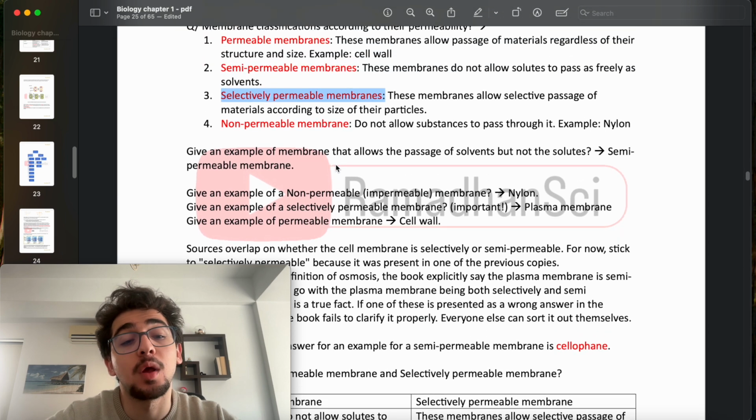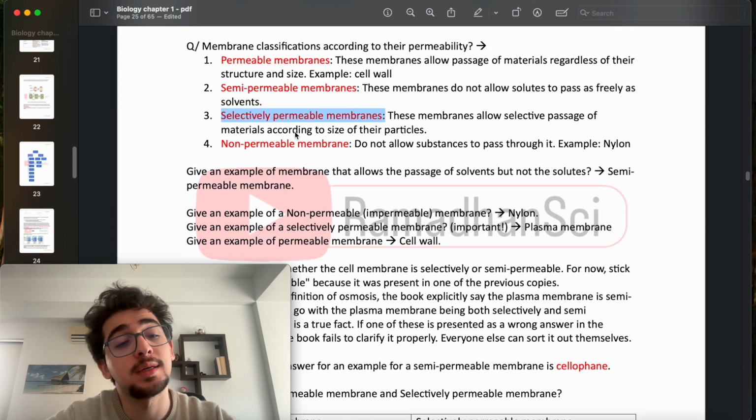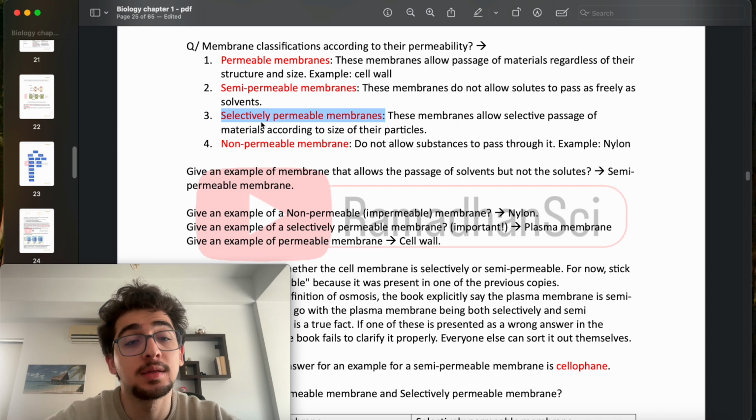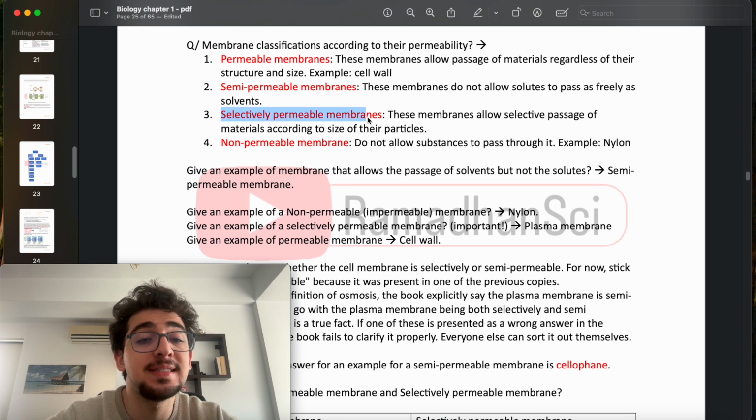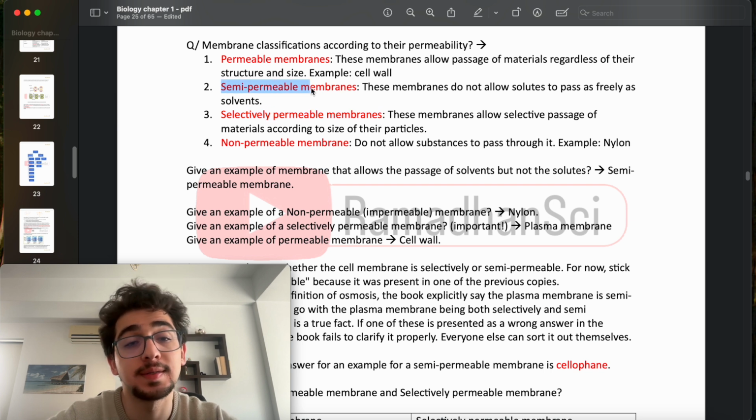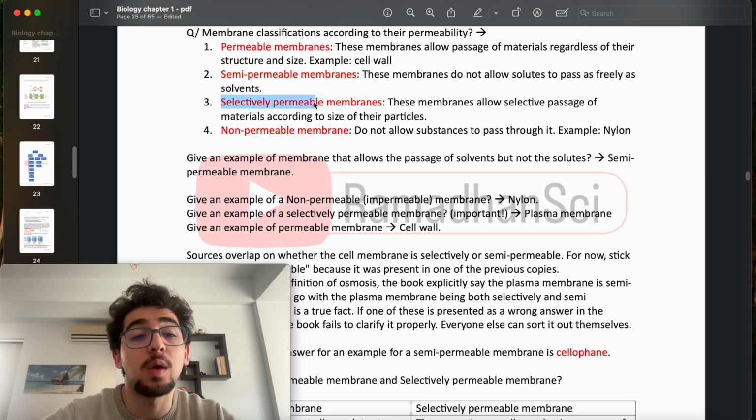Now, what I can tell you is that the book probably considers the cell membrane as either a selectively permeable or semi-permeable membrane, meaning they can consider both answers as correct for the plasma membrane. But personally, what I would choose, I would say selectively permeable.